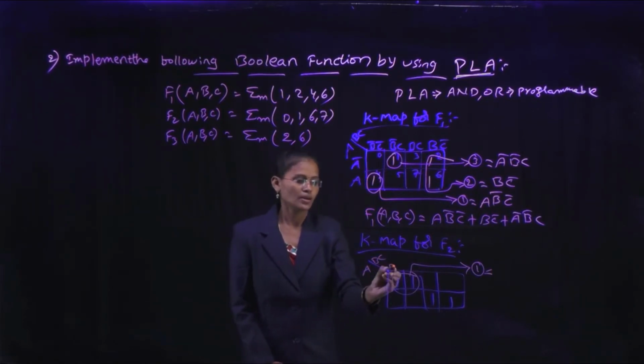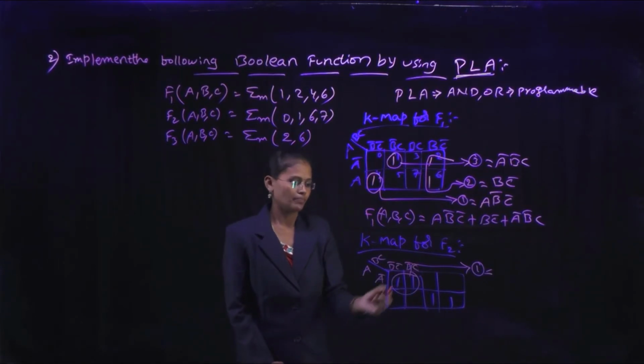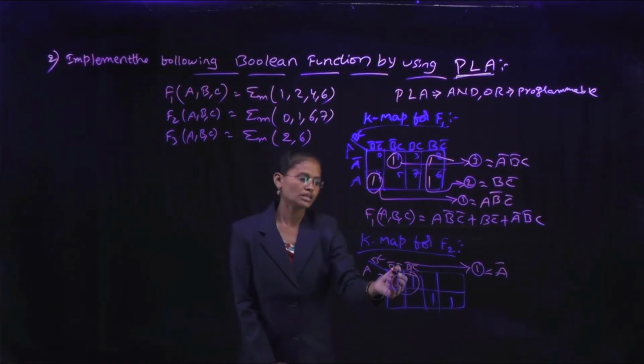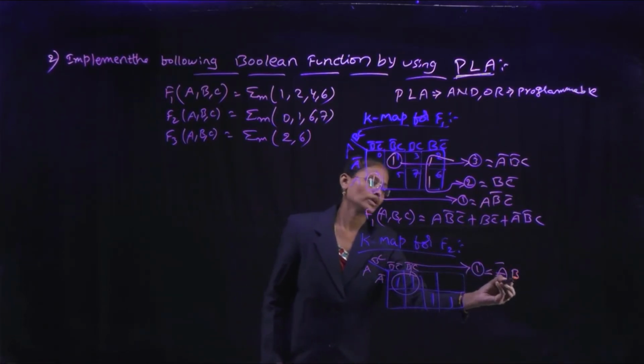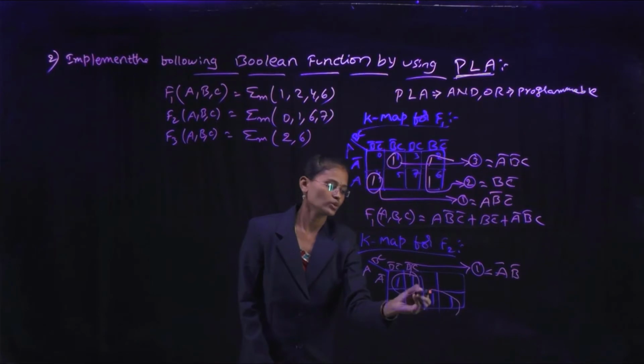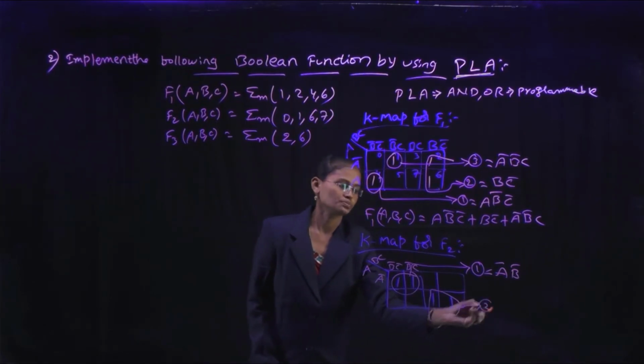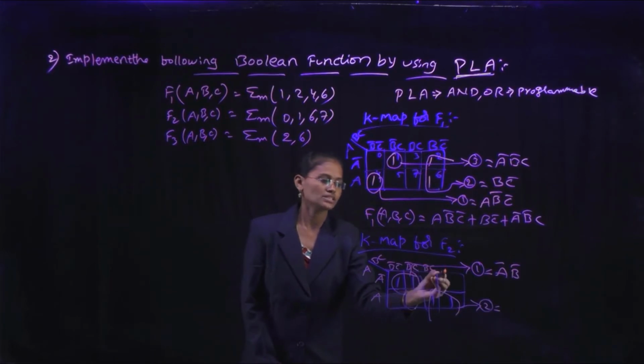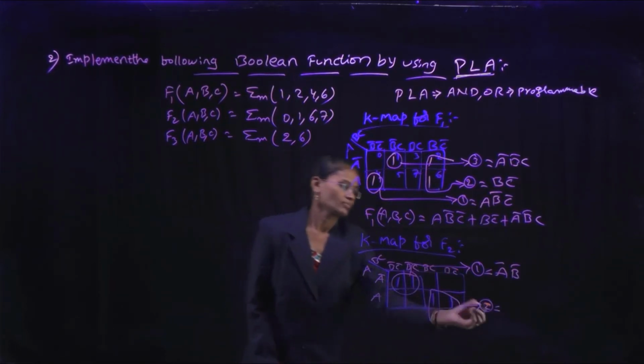This is A, B, C; this is B bar C bar and this is B bar C. Here A bar, and column wise the common variable is B bar, so A bar B bar. And next we are grouping these two. What is the equation here? This is A and this is BC, BC bar.